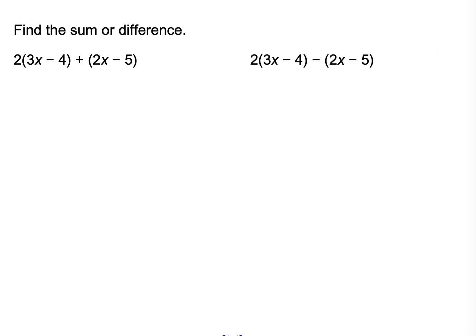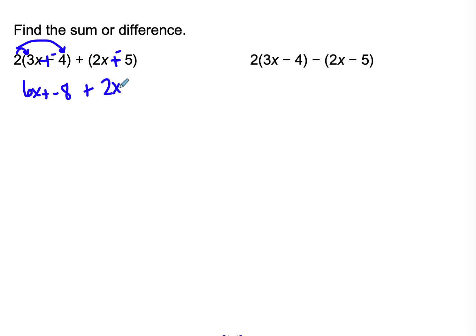All right, last one to try on your own. Go ahead and pause the video and try. All right, let's check our answers. We've got some distributing to do in these problems. We've got some boom booms to do as well. Boom, change to addition, boom, change the sign, boom, change to addition, boom, change the sign. 2 times 3x is 6x. 2 times negative 4 is negative 8.